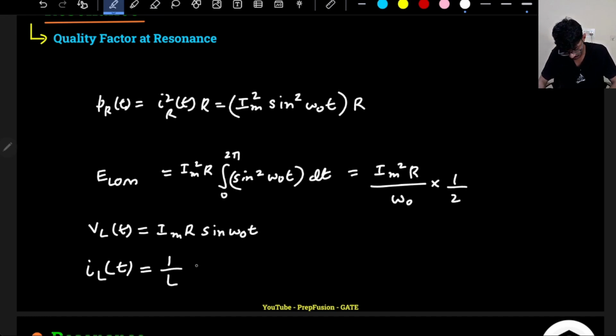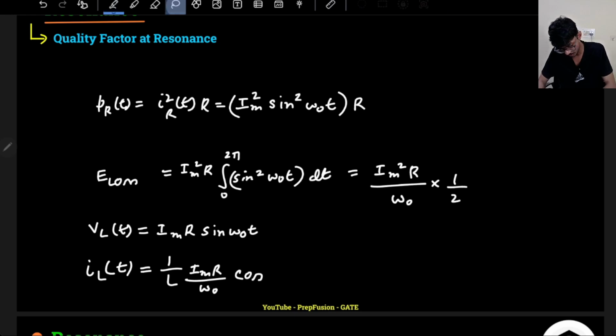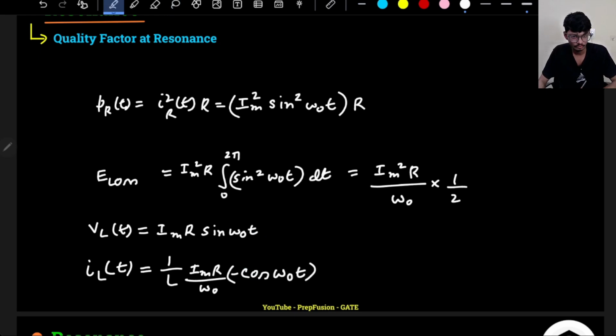So this will be 1 by L into Im into R, divided by omega naught, into minus cos, because the integration of sine is minus cos omega naught t. Omega naught is 1 by under root LC, correct?